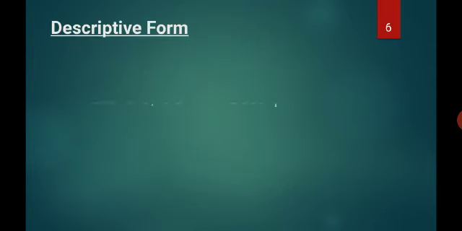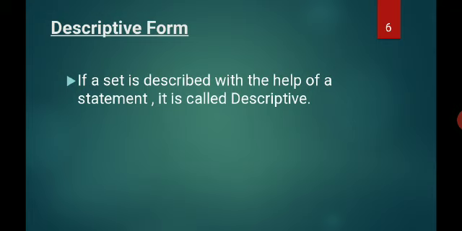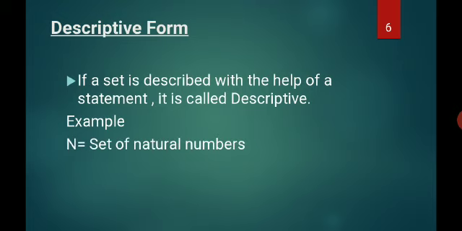First is descriptive form. If a set is described with the help of a statement, it is called descriptive form. Like you have read in this definition, there is the word statement. When we want to write in descriptive form, it should be described in some description, like N is equal to the set of natural numbers.